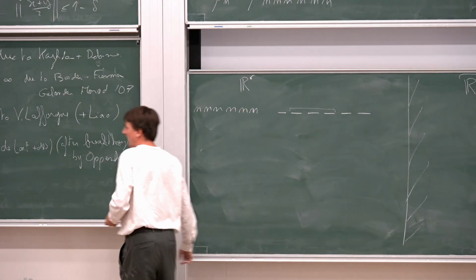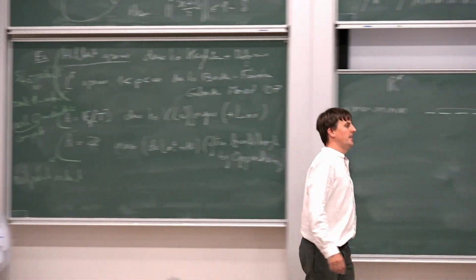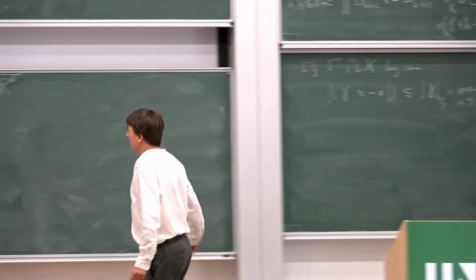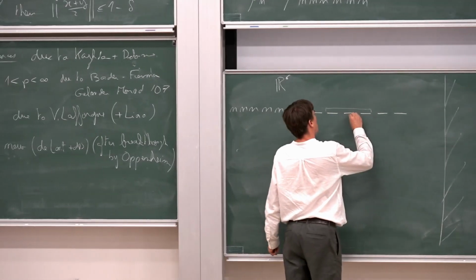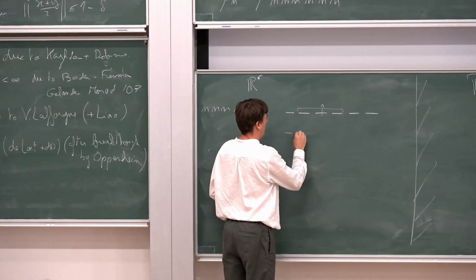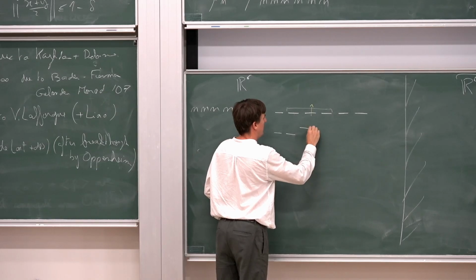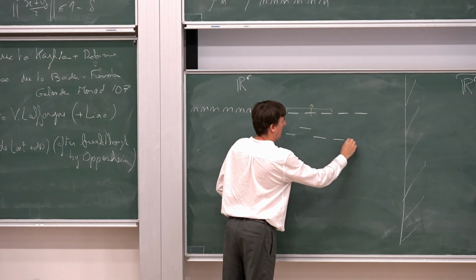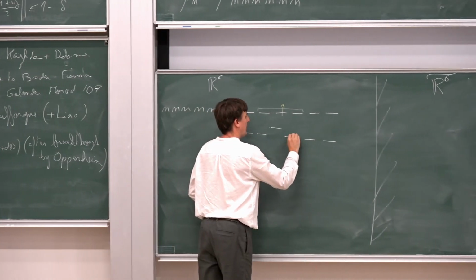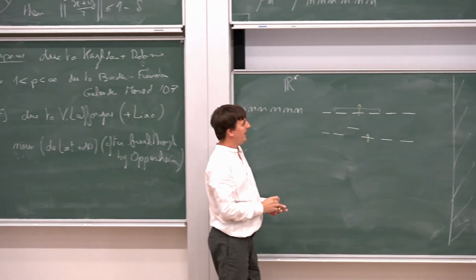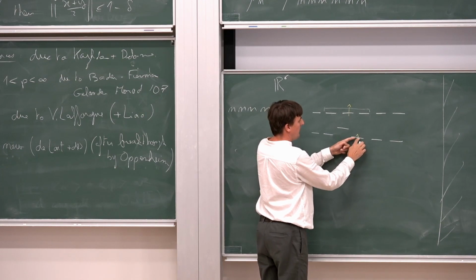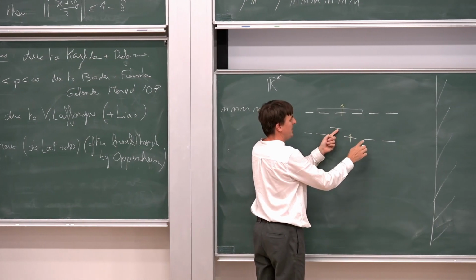Okay, let's do that. So we are allowed to move this one a bit. So we get, this is a bit larger. Now I do the same. I will increase this one a bit. I can increase it a bit more because what we need is that this must be smaller than the sum of this plus this.